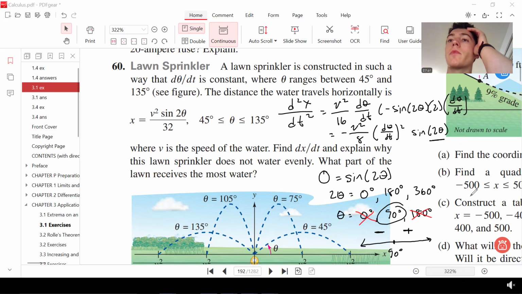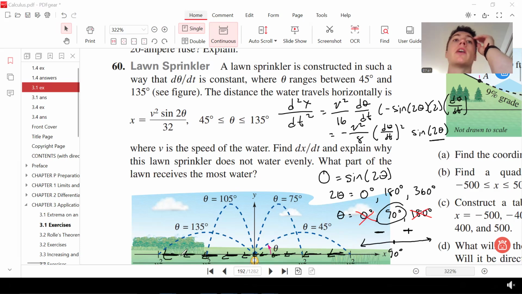So we see we're decreasing speed up to 90 degrees, and then after 90 degrees, we're increasing speed, which means that we are slowing down. We're moving really quickly as we're getting closer to 90 degrees, but then we're slowing down. So as we slow down, we're watering more because we're spending more time on that section of the lawn, and then we're speeding up again as we go to 135 degrees.